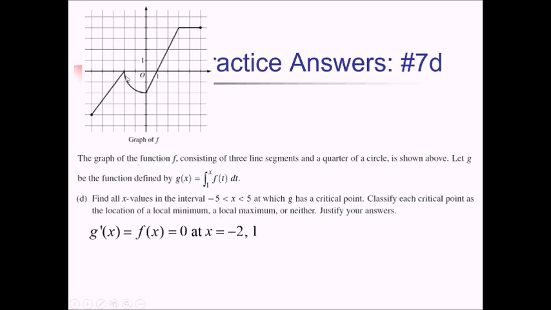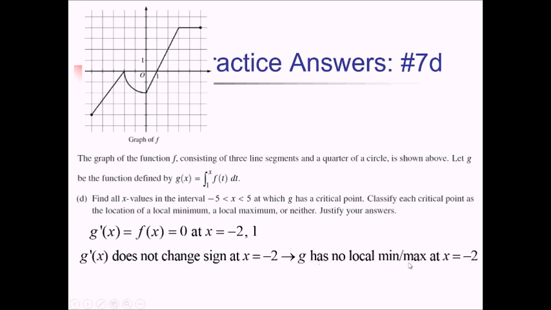Since f, aka g prime, does not change signs at x equals -2, that means that x equals -2 is not a min or a max, neither of those. Next, at x equals 1, I notice g prime, which again is just f, is changing from negative to positive right there. This means that x equals 1 is where g has a relative or a local min.